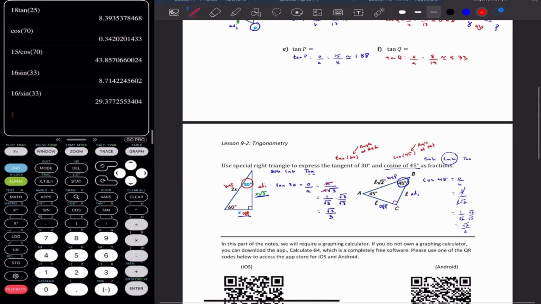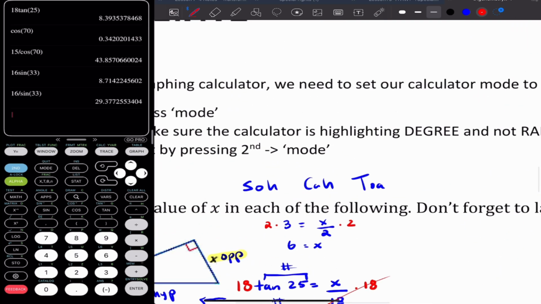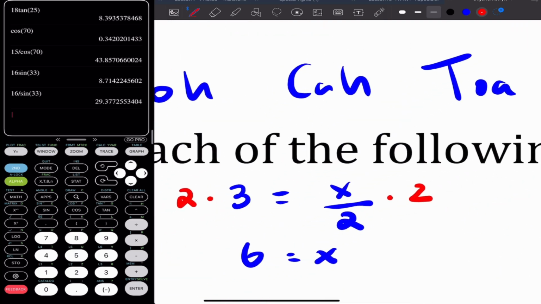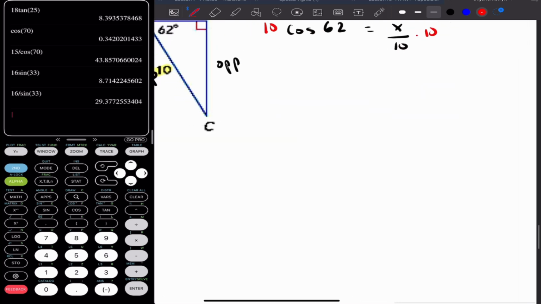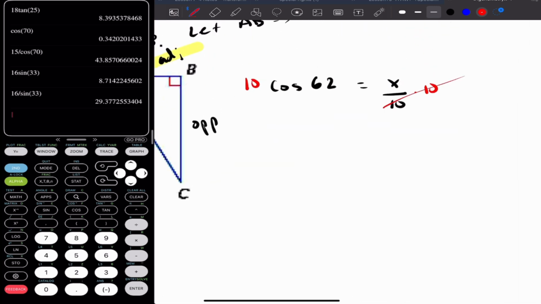Okay, so let's cross out the 10s, and you have 10 cos of 62. So 10 cosine of 62 is approximately 4.69. That's your answer. That's x.